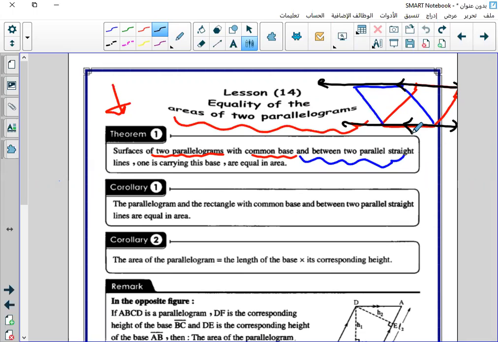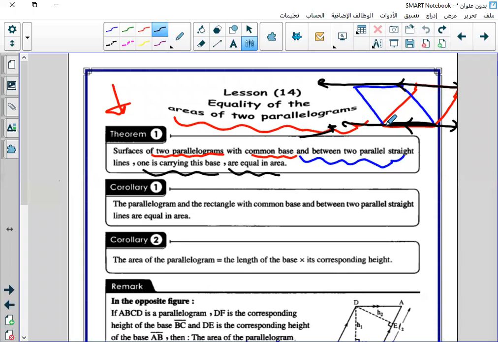One of them is carrying the base. Then I say the two parallelograms are equal in area. So we have two conditions to say the two parallelograms are equal in area.